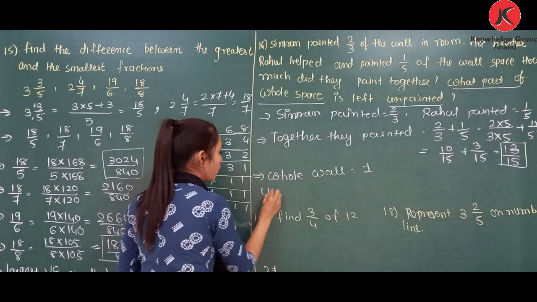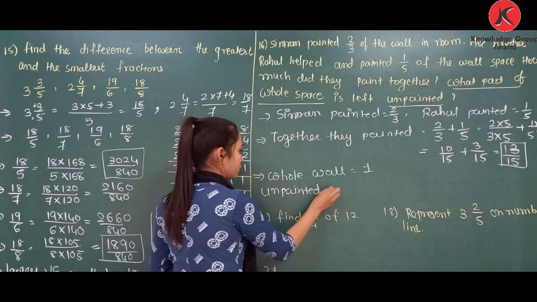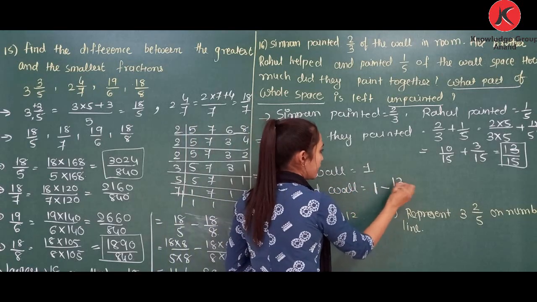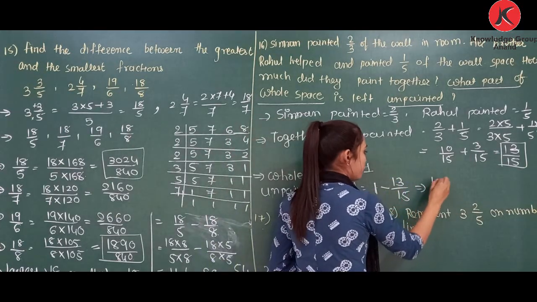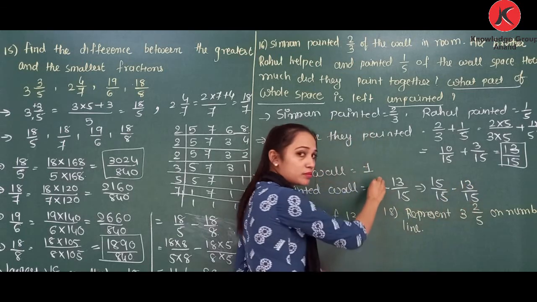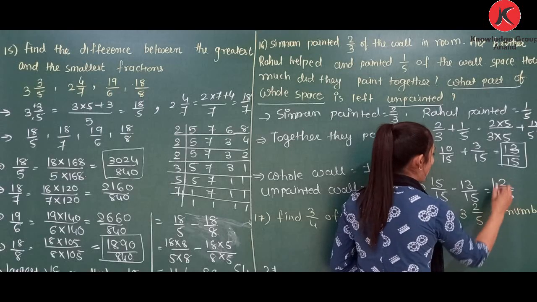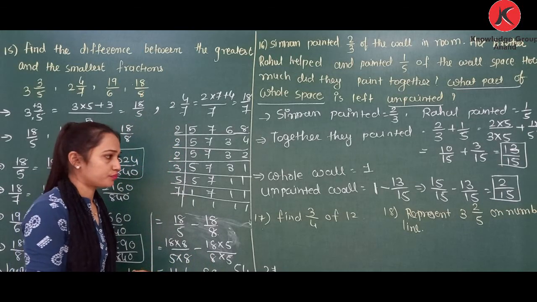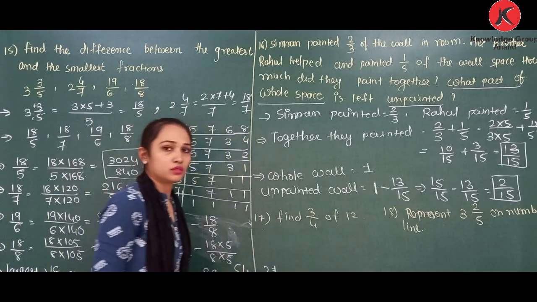So the unpainted wall can be written as 1 minus 13 by 15. 1 can be written as 15 by 15. So 15 by 15 minus 13 by 15 gives 2 by 15 part of the wall remaining unpainted. Clear? Now next one. Find 3/4 of 12.